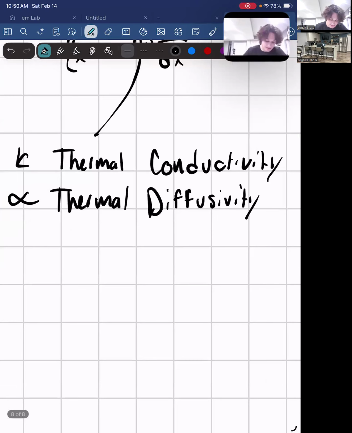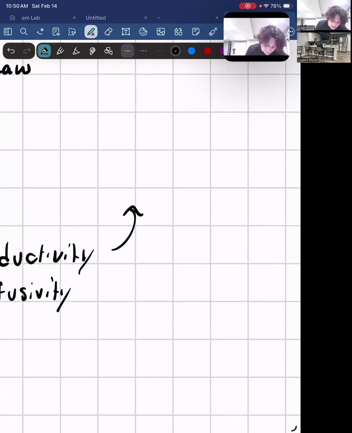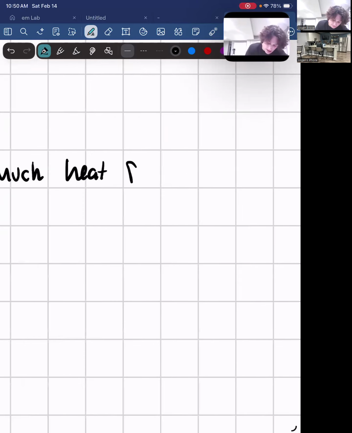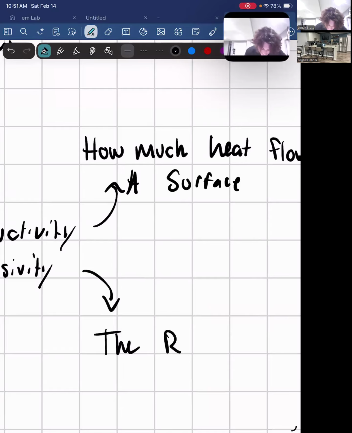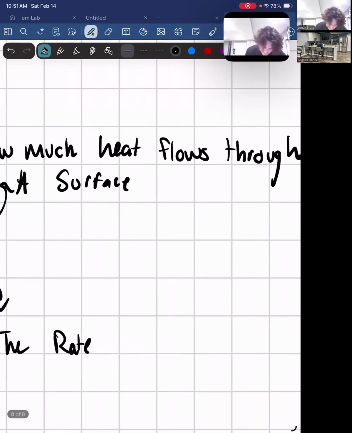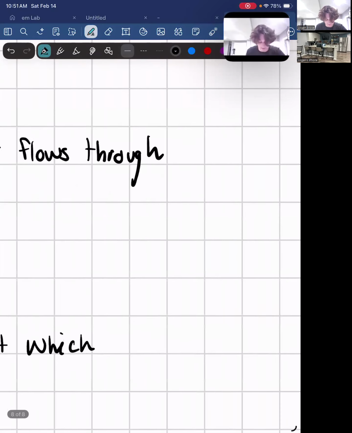So what's the difference? Thermal conductivity is how much heat flows through a surface, and diffusivity is the rate at which heat flows.